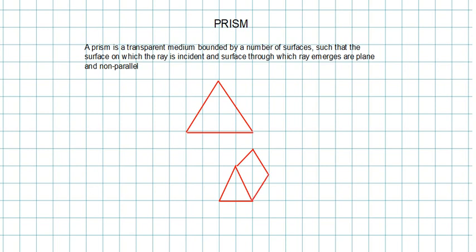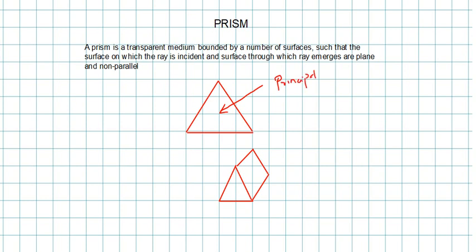So this is the prism as you see from a little bit of the side. Now the different sections of the prism have different names. This section of the prism is called the principal section. A prism will have two principal sections.